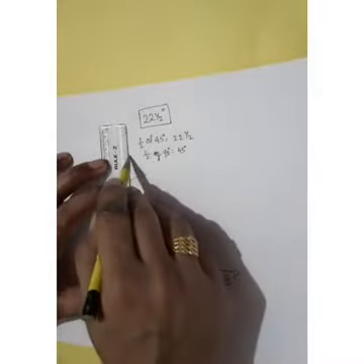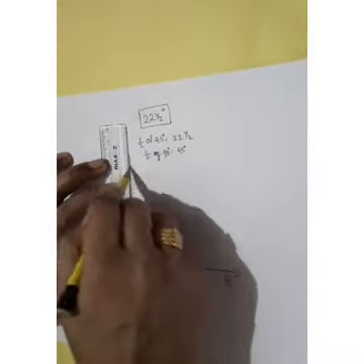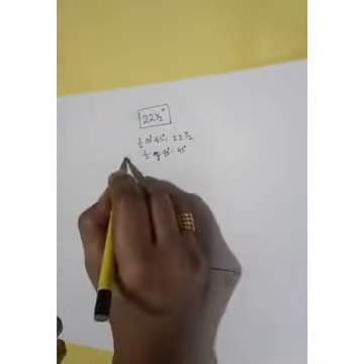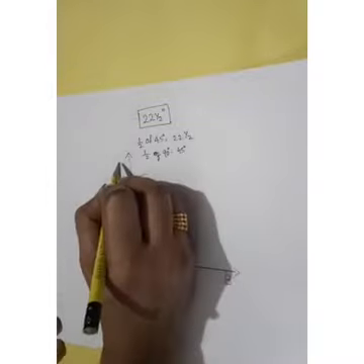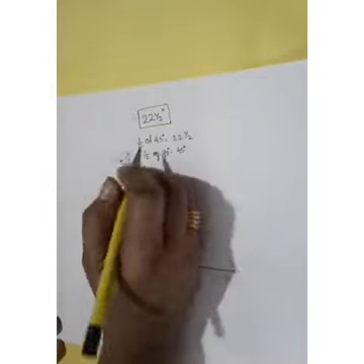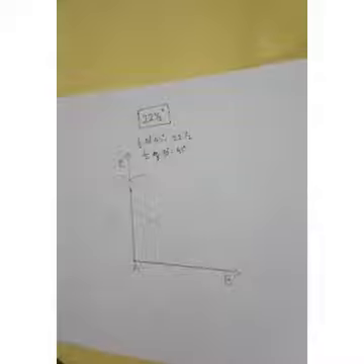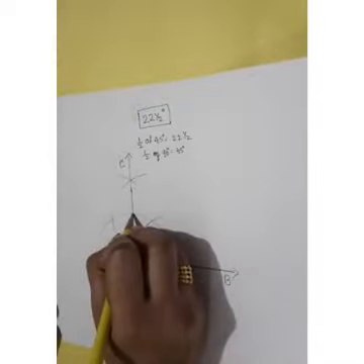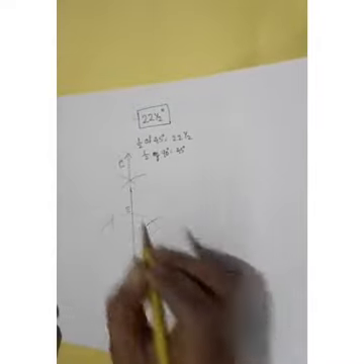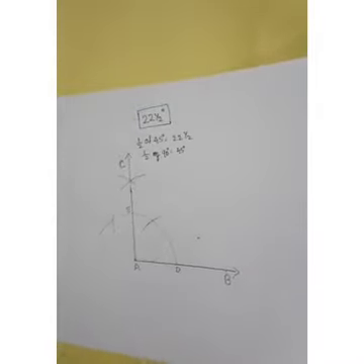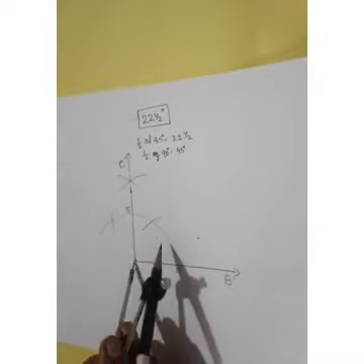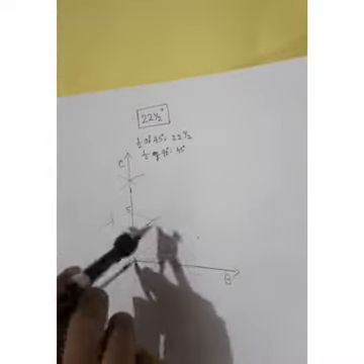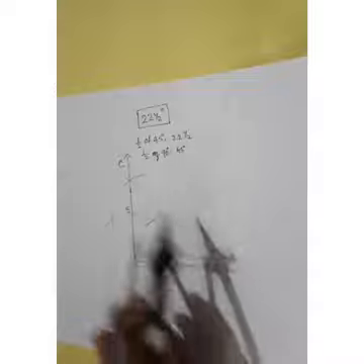After that you have to construct an angle of 45 degree. So here D, here E, which means we need to bisect this 90 degree angle. The first step is to draw an arc. One arc is already drawn here as DE.